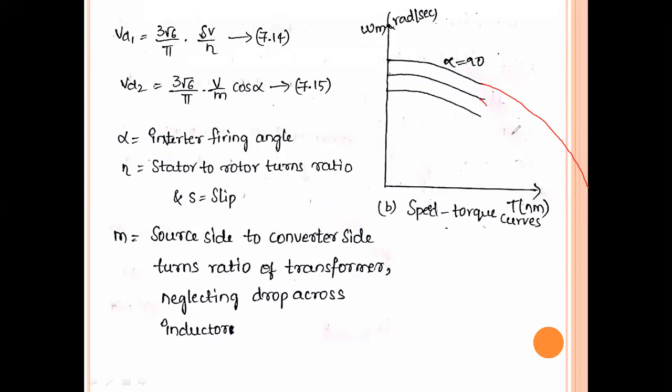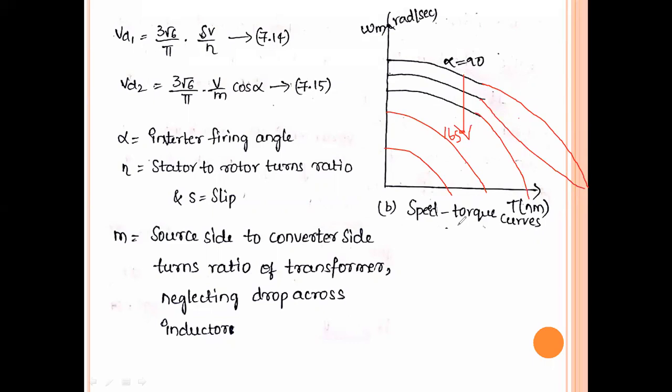And if the alpha values keep on increasing, the torque speed characteristics will become like this. So these are the torque speed characteristics, and alpha is increasing from 90 to 165 degrees because this is our operating range. And the speed is from 0 to synchronous speed only.